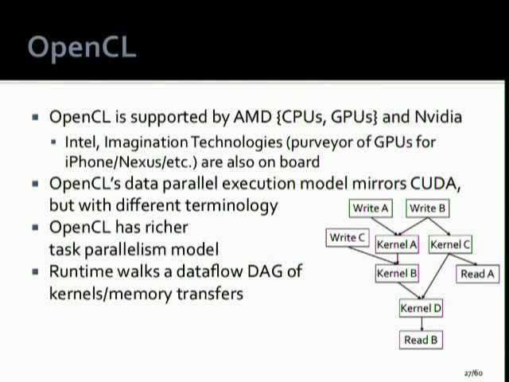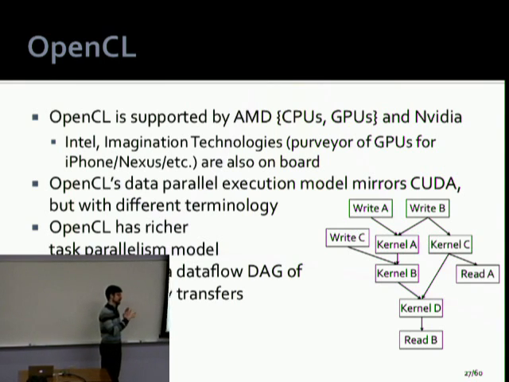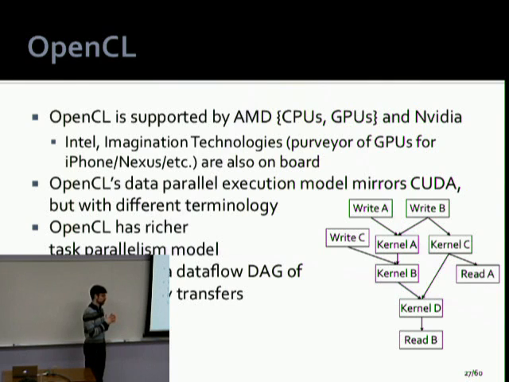OpenCL has a richer task parallelism model than CUDA does. I didn't talk about CUDA's host-side task parallel model, because I actually don't use it very often, but it does exist. CUDA does allow you to create what they call streams, where you can assert as a programmer that a certain set of memory transactions and kernel invocations are independent of another set.